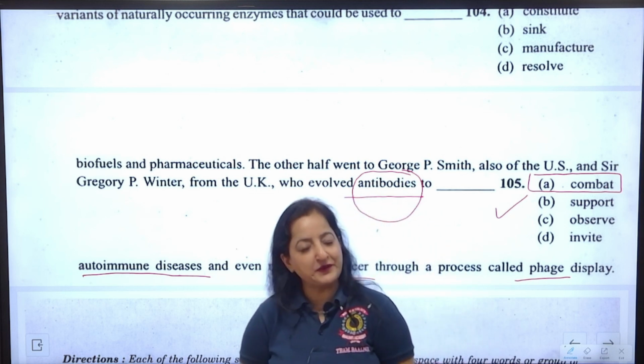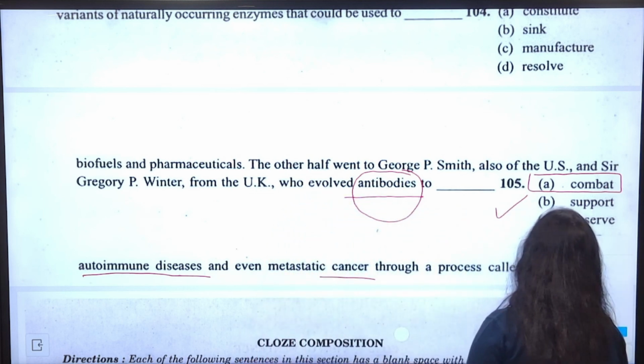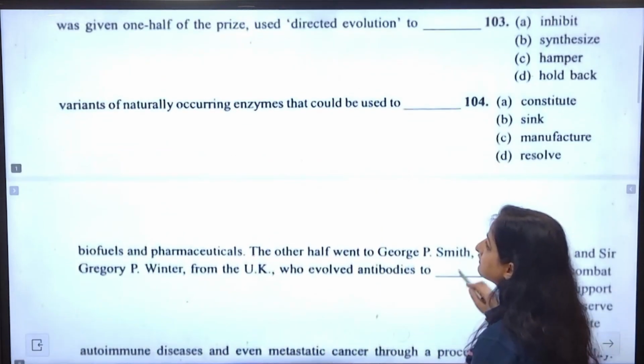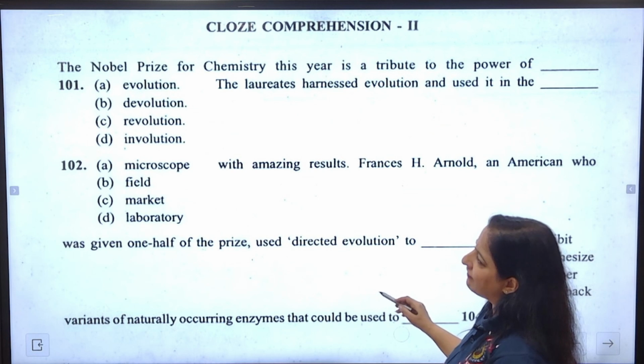Fine, so we are done with the passage. If you want the final answers, I'll just re-announce them. First question, alpha. 101, alpha evolution.